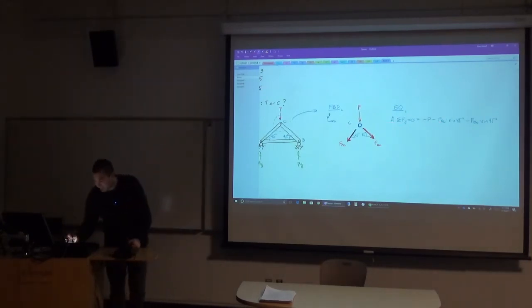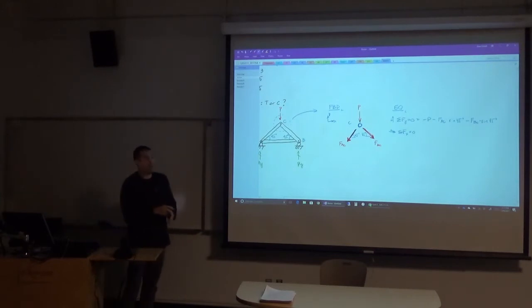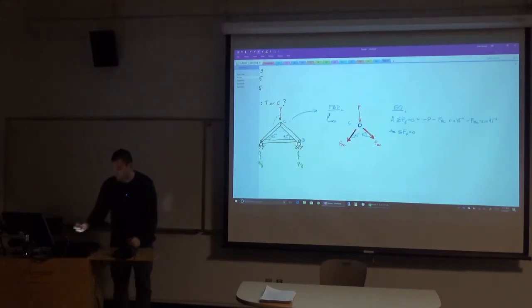I probably should have first done the sum of the forces in the x direction equal to 0, but no harm if I didn't, because I can always just double back and use this equation later on. So now I'm going to try out the sum of the forces in the x direction, and all that tells me is that there's some x component to this force in member AC pointed to the left, and that's going to be negative because it's pointing to the left.